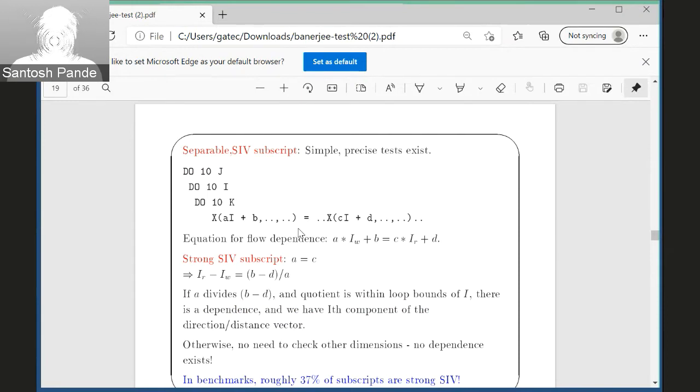So if you rearrange these equations based on A is equal to C, you can see that IR minus IW is equal to (B minus D) by A. Now we know that IR and IW are in the integral spaces, in fact, in the normalized integral spaces from 1 to whatever upper limit. And so their differences, whatever they are, must also be integral.